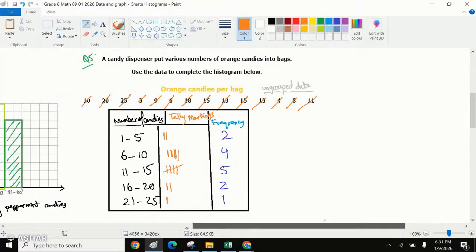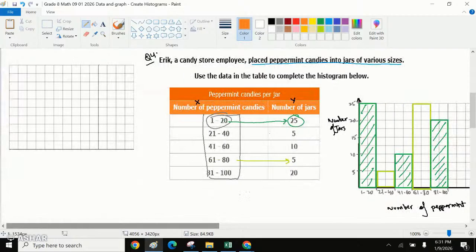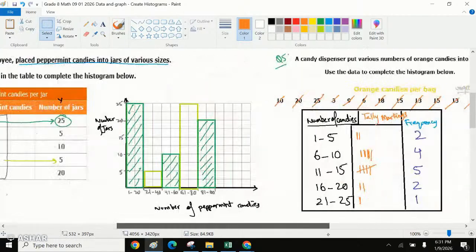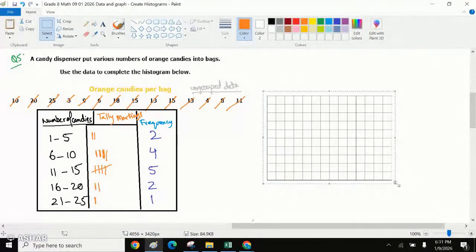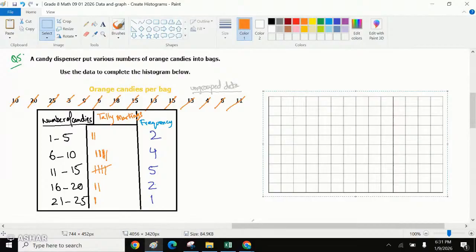Moving on to the grid, I'll just copy the blank grid so that we can use this. Now let's try drawing a histogram, right? So what do we have on the x-axis? I already told you the first value we have always represents the x-axis.